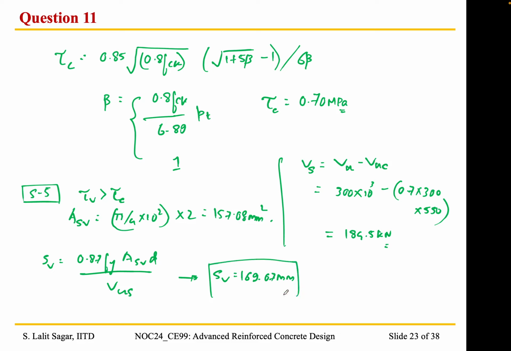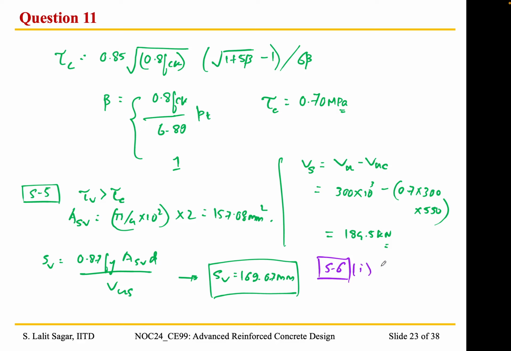Okay, so after this we have one last step where we need to check for the other values of the minimum spacing that needs to be provided. So that is step 6.